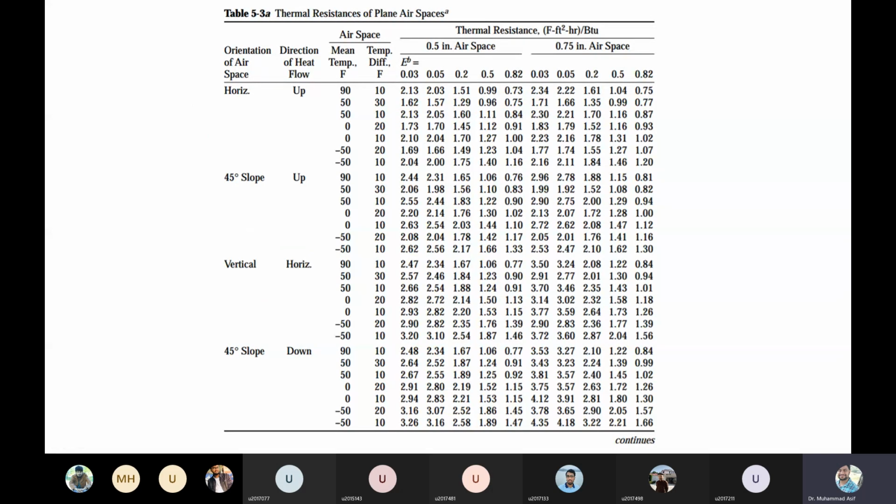If the airspace thickness is 0.5 inch, the resistance because of the airspace depends on the effective emittance, for different values of the effective emittance, as well as the mean temperature and the temperature difference.